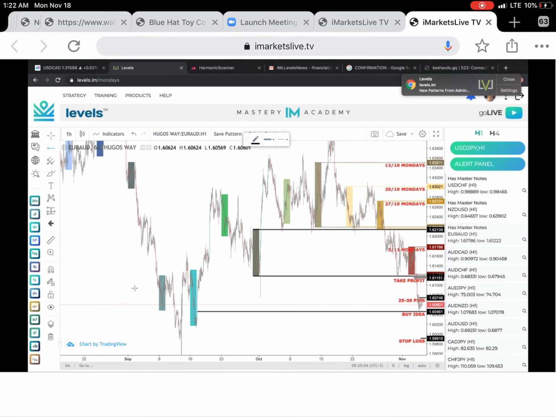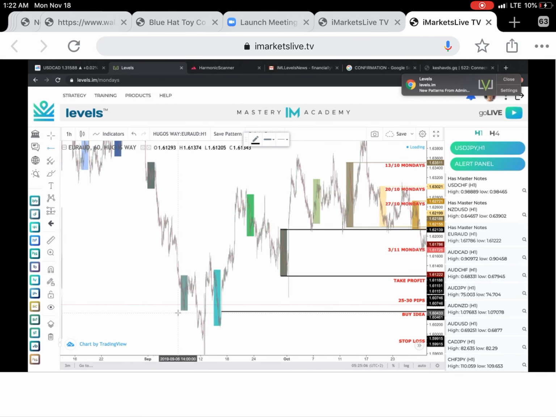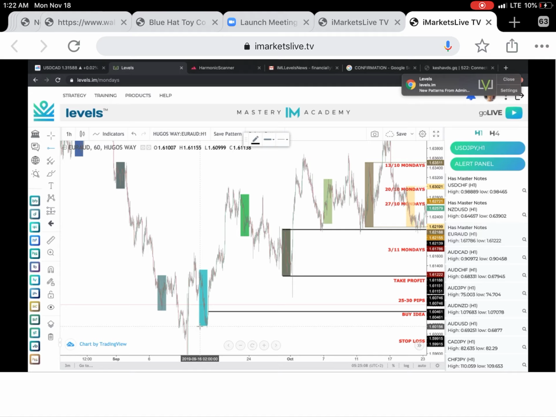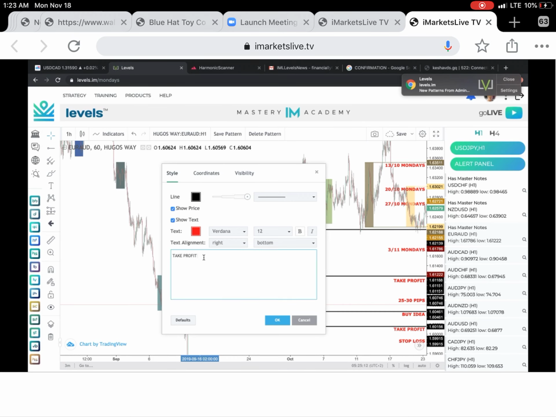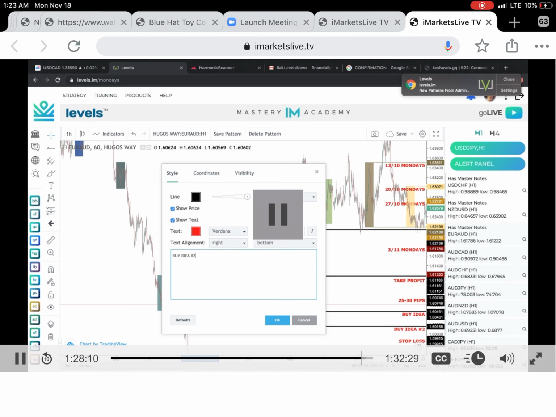Like this. Even though this right here is low, I still like this for a possible another buy opportunity right there, using the same stop loss.